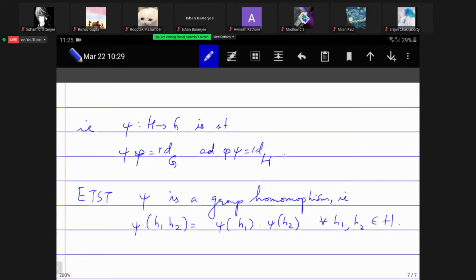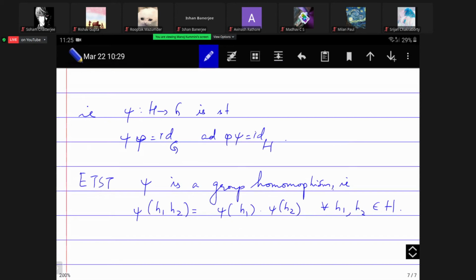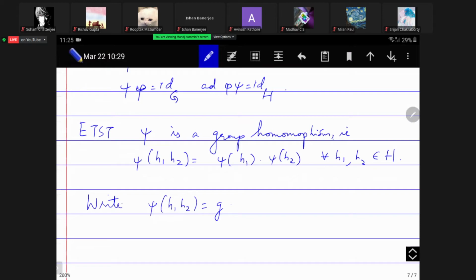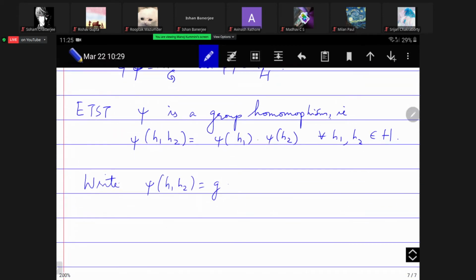So this is what we need to show. Let me recheck what I wrote. Let us write psi of h1 h2 as g. So then phi of g is h1 h2. Maybe I'm going in a roundabout way.